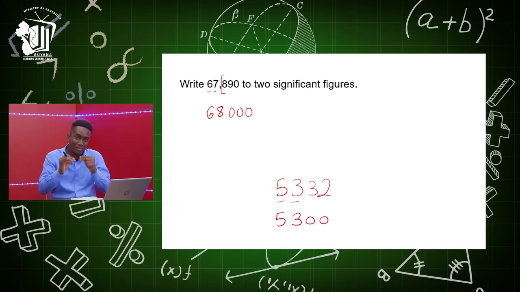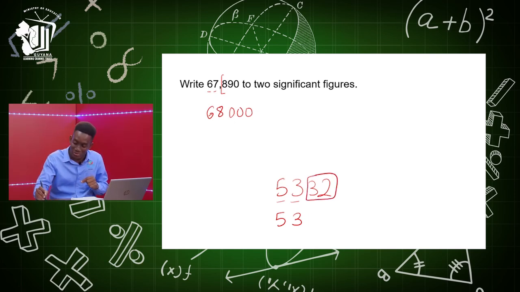Now, do not make the mistake when doing significant figures of forgetting to add 0 to these numbers. 5,332 cannot be the same as 53. The whole purpose of rounding off is not to change the value of a number, but to make it easier to write, easier to call. Many students make the mistake of leaving out the other digits.